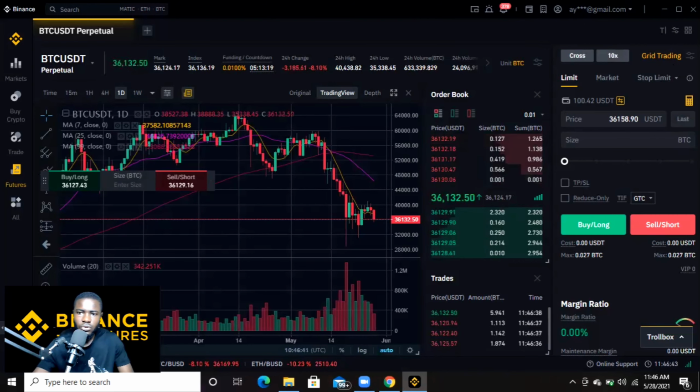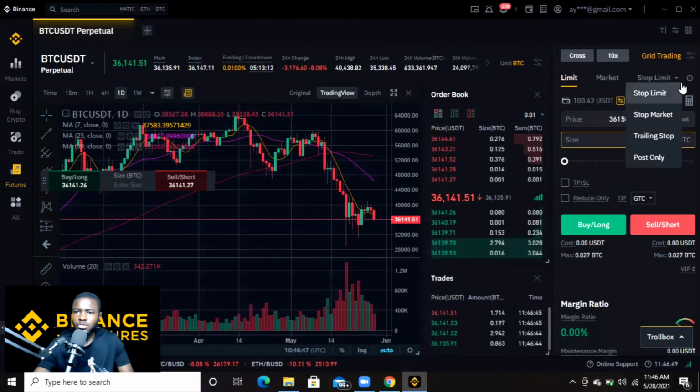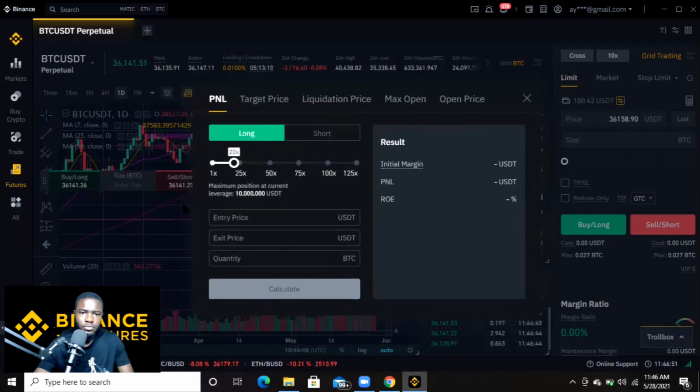After using the calculator, I have an insight that if I enter a position, okay, let's go back to the calculator and let me make this simple for you guys. So let's say I'm entering this position at 36,200, and my exit price is supposed to be 37,000.